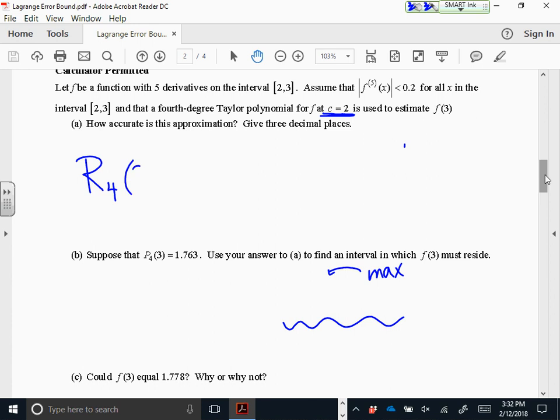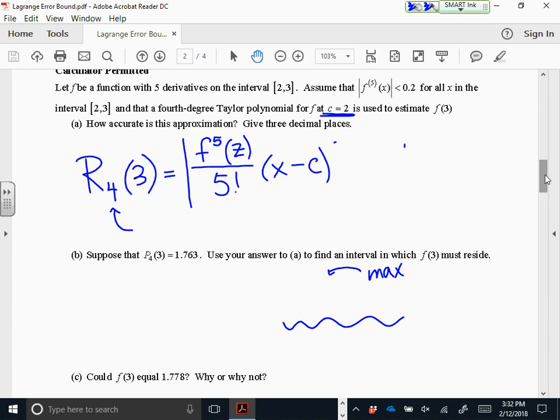Our remainder, or our error, for our 4th degree polynomial is going to be as such. We want to worry about the 5th derivative, its maximum, over, since we're talking about our 4th degree polynomial, 5 factorial times x minus c to the 5th.